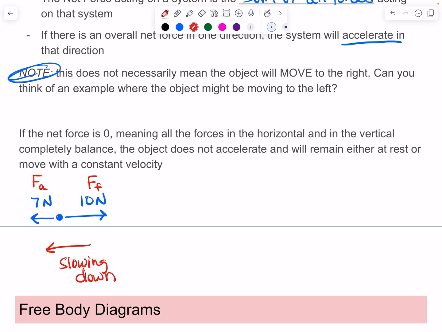So we don't really know which way the object is moving just by knowing the direction of the net force. We just know which direction it's accelerating. If the net force is 0, meaning all the forces in the horizontal and the vertical completely balance, the object does not accelerate and will remain either at rest or moving at a constant velocity.